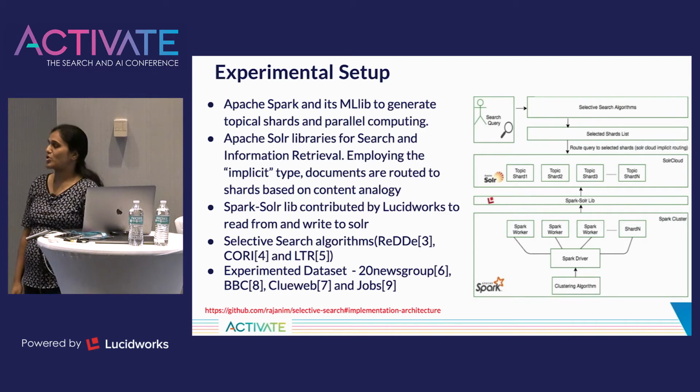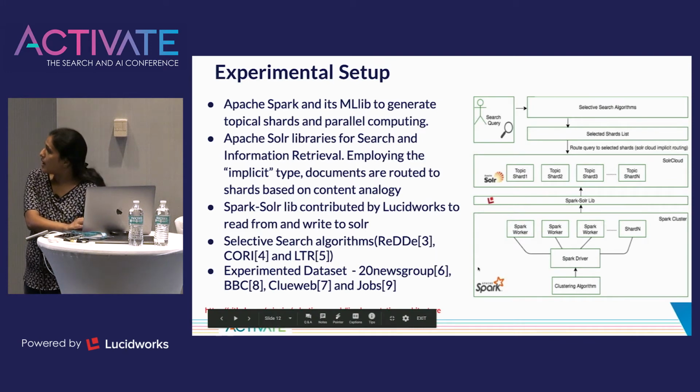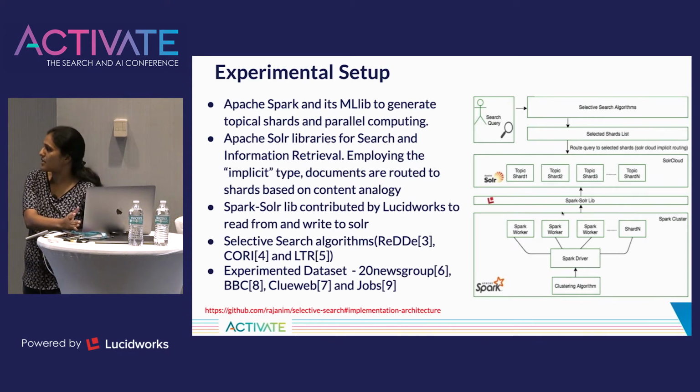It does not support cosine. So I had to extend that implementation to make sure it does cosine distance between the documents to decide which shard each belongs to. That implementation runs on Spark. And then I've used the Spark Solr libraries from Lucidworks to ingest those finally predicted documents into respective shards.